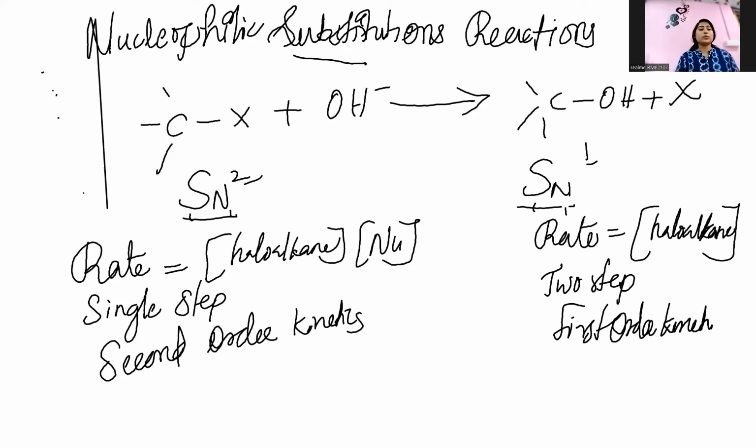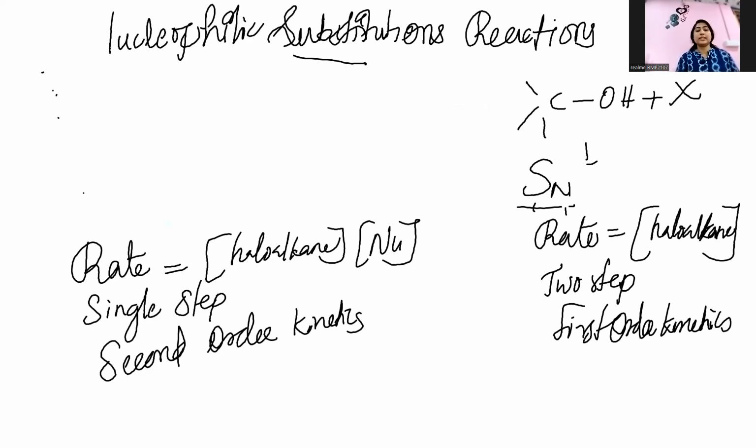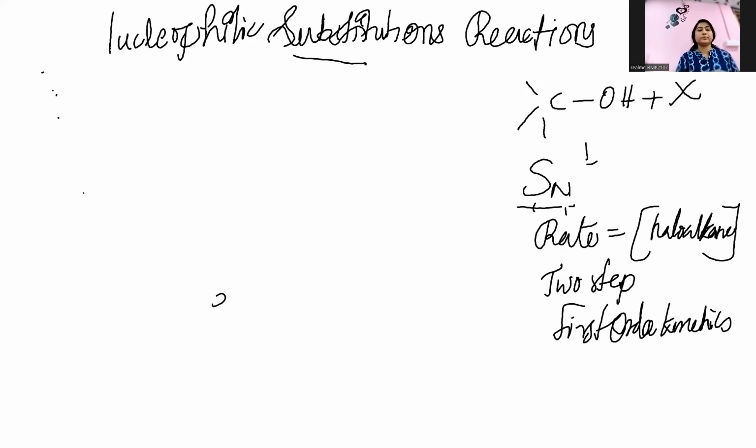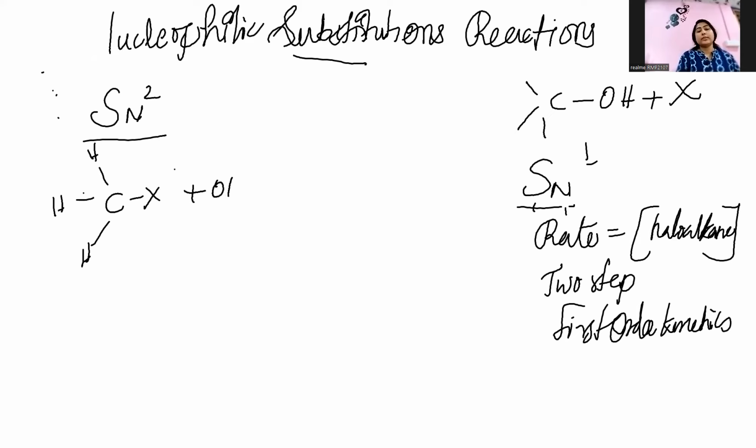So let's move on to the examples of SN1 and SN2 reactions. Taking the SN2 reaction with an example of methyl halide: carbon with hydrogen, hydrogen, hydrogen, and a halogen, with OH minus as the coming nucleophile.